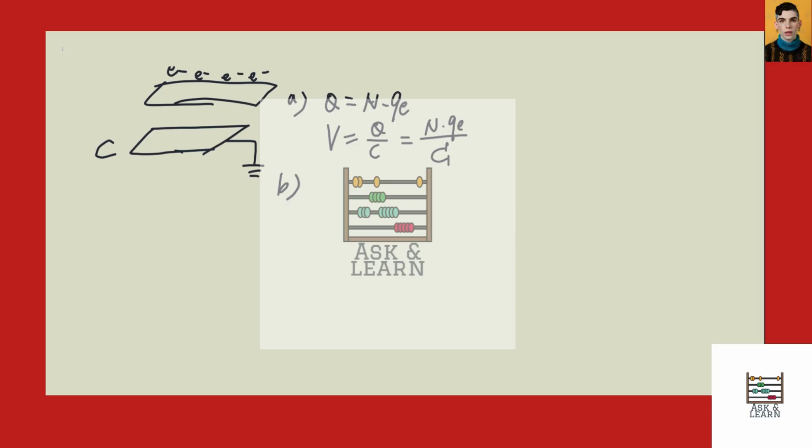Let's look at part B. Assume the voltage measuring device can accurately resolve voltage changes of about 1 millivolt. What value of C would be necessary to detect one new collected electron? What that means is that with one more electron, Q is going to change by delta Q, which is 1.6 times 10 to the negative 19, such that the voltage can increase by at least 1 millivolt.